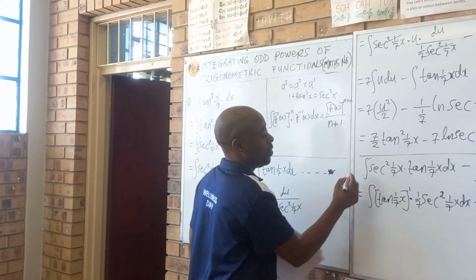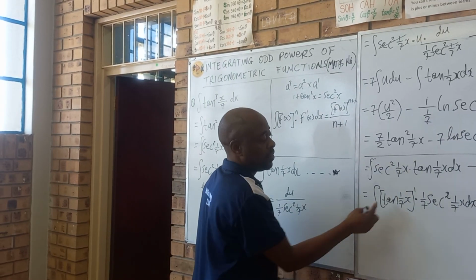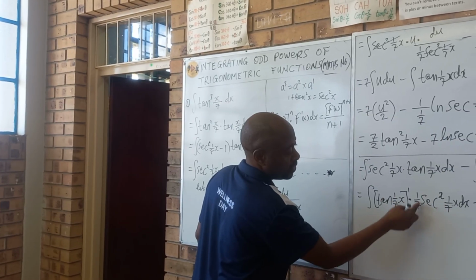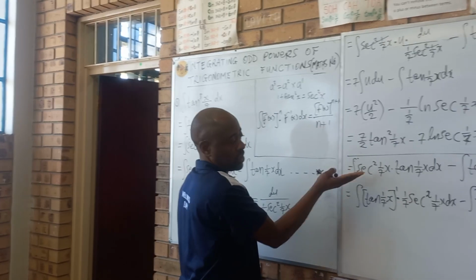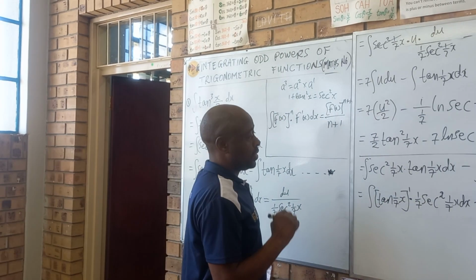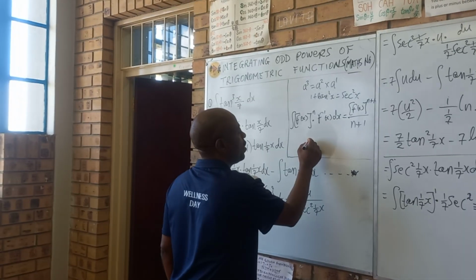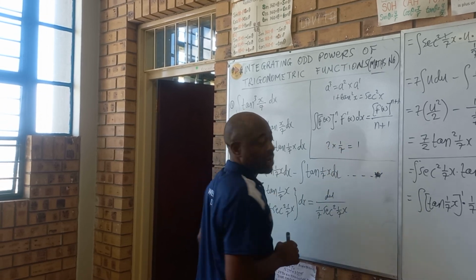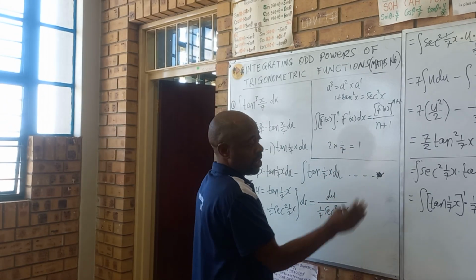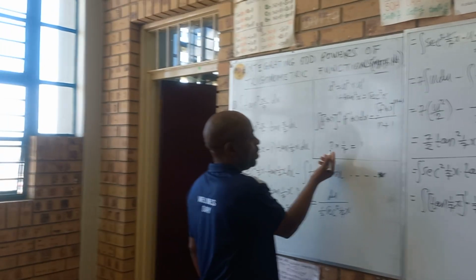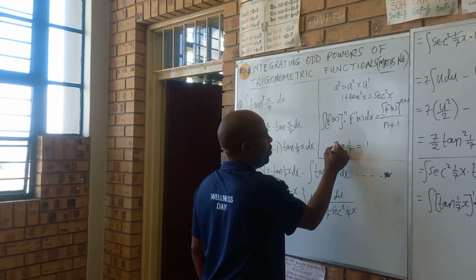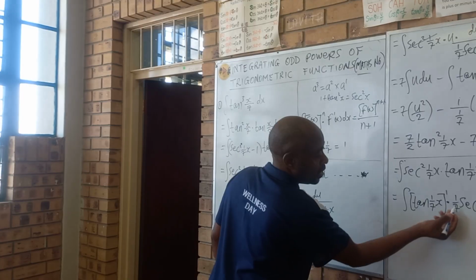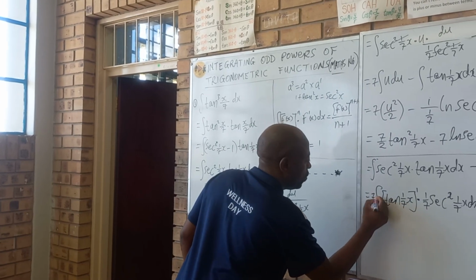So in order to make sure that the two are still the same, I need a number that can take care of this 1 over 7. I write it outside. When I say taking care, it means I need a number that if I multiply it by 1 over 7, I'll get 1. So I need the number that can balance it up so that the two are still the same. And you see that the only number to put here will be a 7. So that number that can take care of this 1 over 7, we simply put it up.